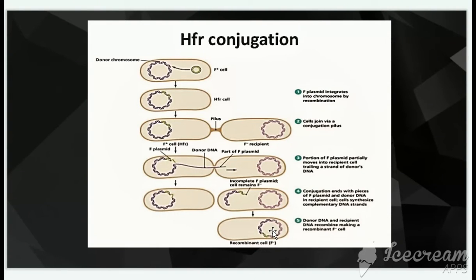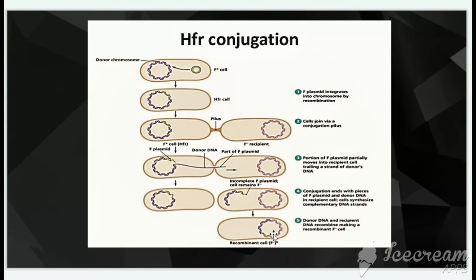Now this cell is very much helpful because especially in recombination, we say high frequency recombination, right? Why? Because when this cell is going to replicate again and again, there is going to be a chance that this incomplete part is again going to detach from the chromosome.